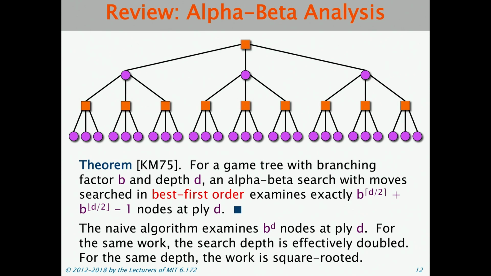That's with alpha beta. The naive algorithm looks at B to the D nodes at depth D, and so for the same work, the search depth is effectively doubled, or the work is square rooted.